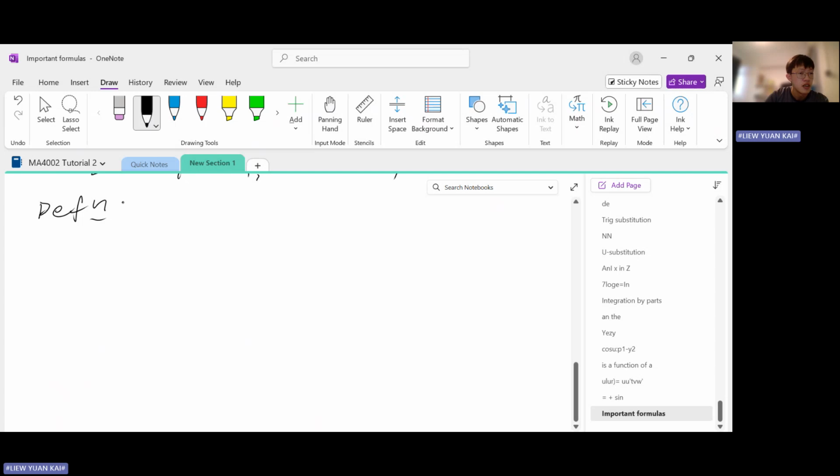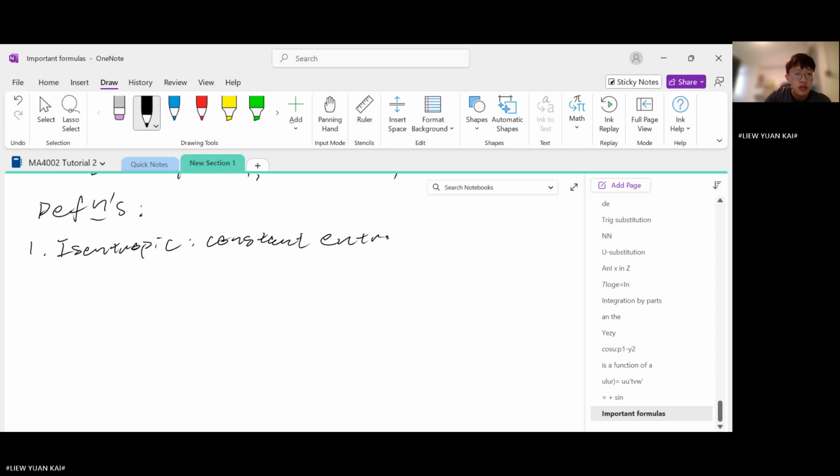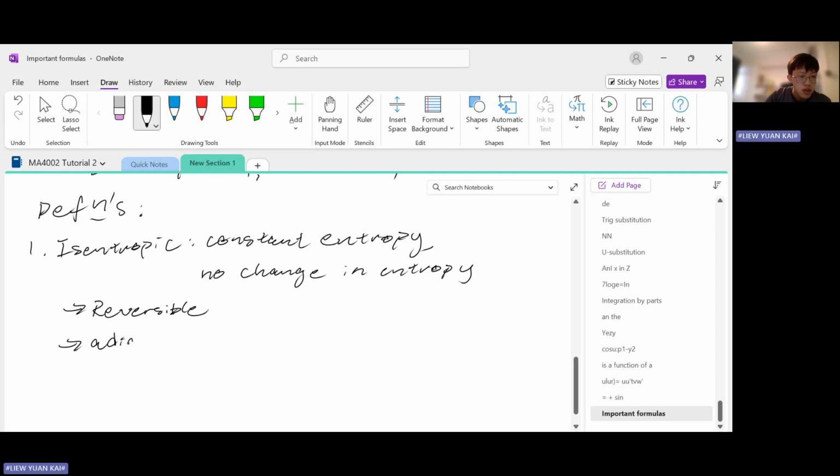So we have some definitions here. What is the meaning of isentropic? Isentropic means constant entropy.